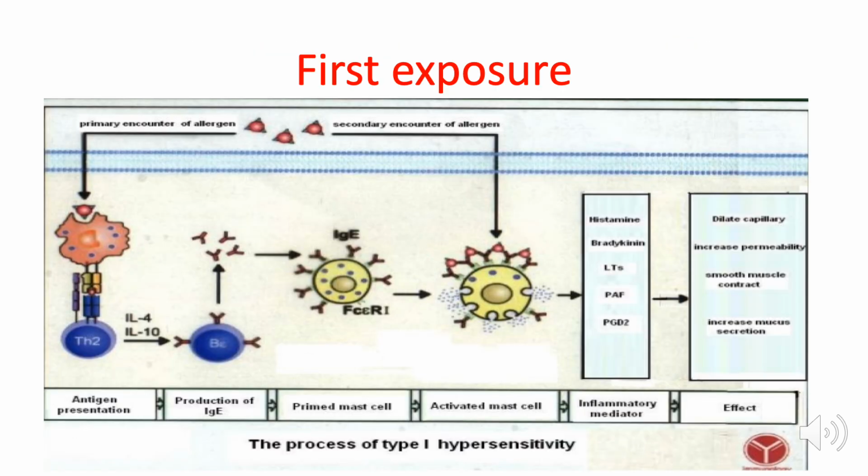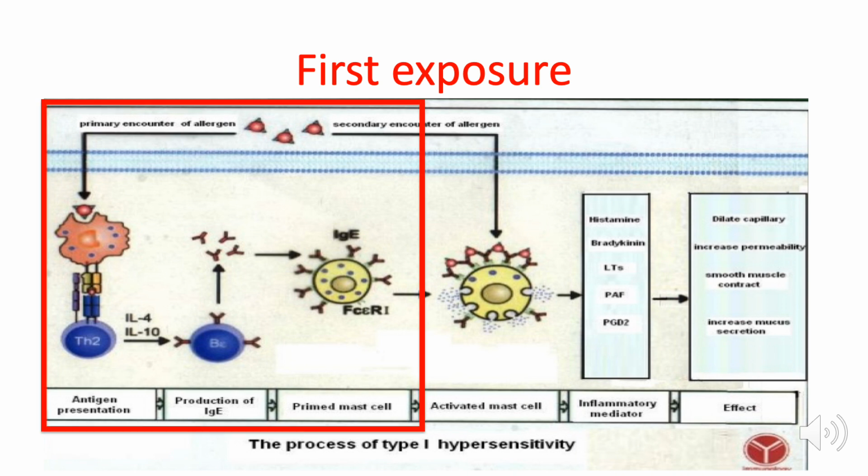Take a look at this picture. You know very well that what happens during the first exposure is that the allergen will enter the body. The allergen will be sampled by the antigen presenting cell, the cell that is color brown in the photo. This antigen presenting cell will present the allergen to the T helper cell, the blue colored cell in the picture.